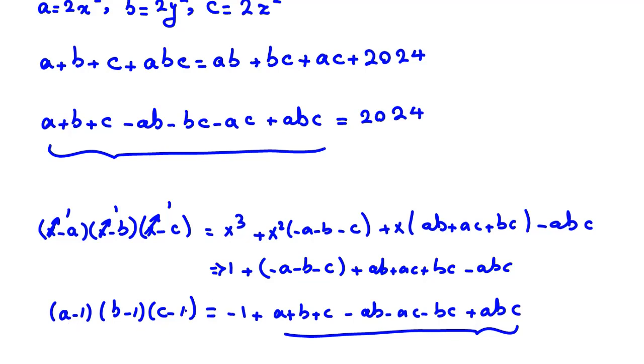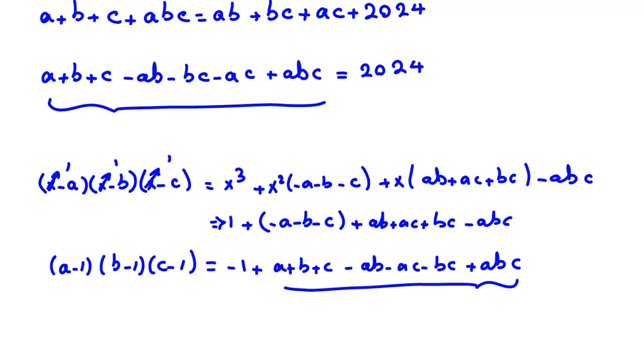You take negative 1 to the left hand side, plus 1. So I've concluded that this term, let's consider, for example, it is t. T is what? A minus 1 times b minus 1 times c minus 1.